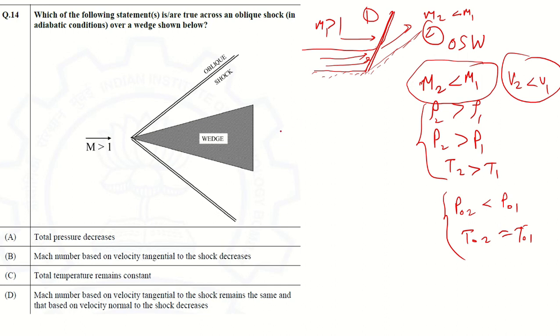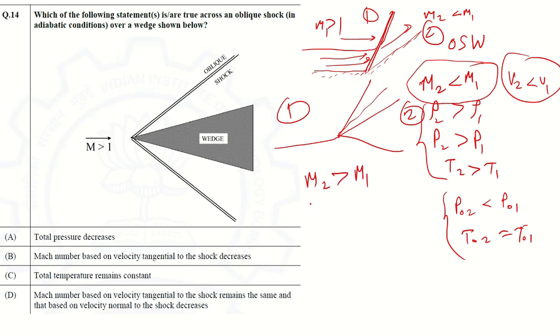For expansion, this is condition 1, this is condition 2. For an expansion wave, it is just the opposite. M2 is greater than M1. Remember, this is expansion. Rho 2 is less than rho 1. Just remember, if M is greater, then density will decrease.